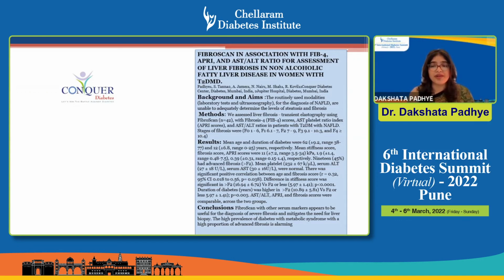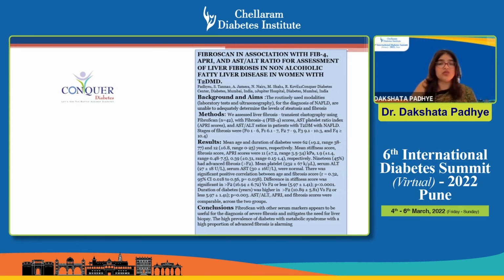But to our surprise, even with a borderline FIB-4 score, 45% of the patients on FibroScan showed stiffness at F2 to F4 level. These patients are now initiated on pharmacotherapy and lifestyle modification, and on follow-up FibroScan after 6 or 8 months, we are getting good results.